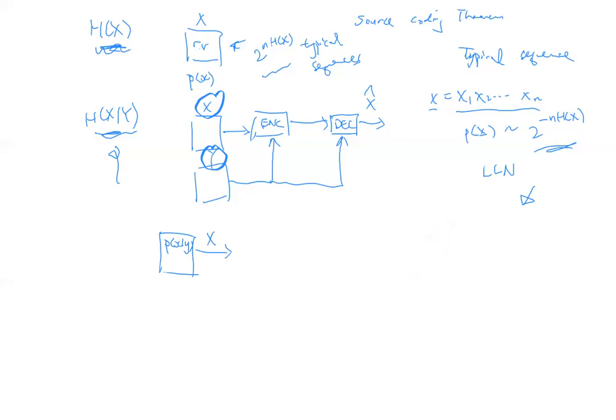Now notice this source is parameterized by the helper variable y. So if I have a different y, let's say y1 and y2, essentially we have a different distribution. We have one distribution, p(x|y1), and maybe p(x|y2) can be another distribution.